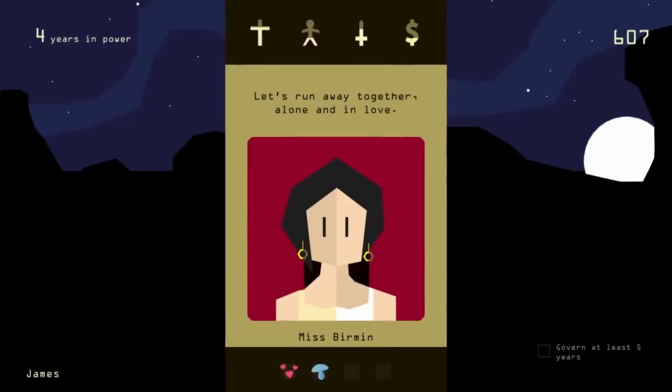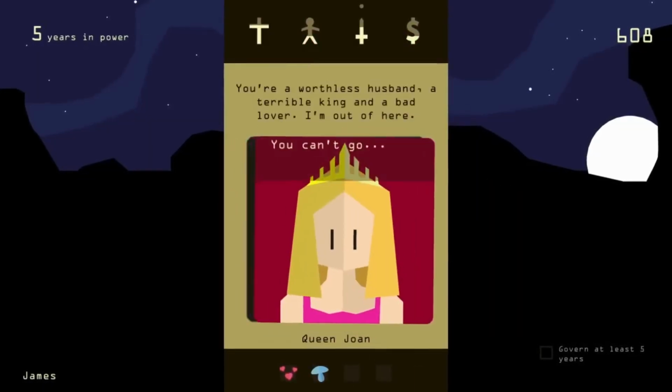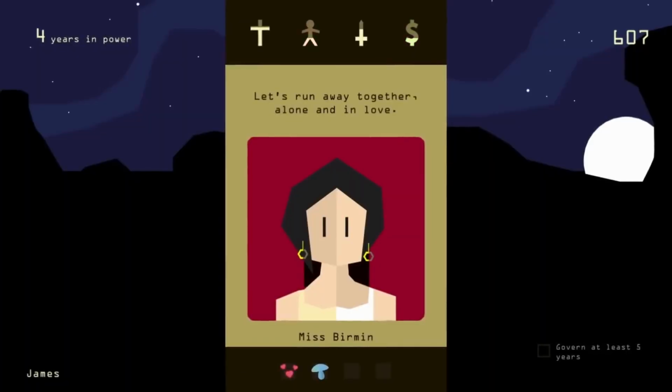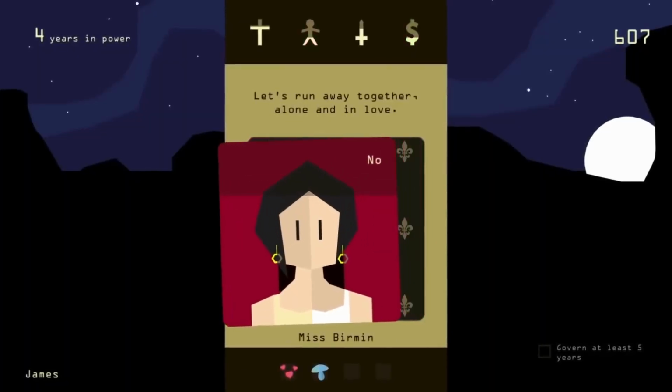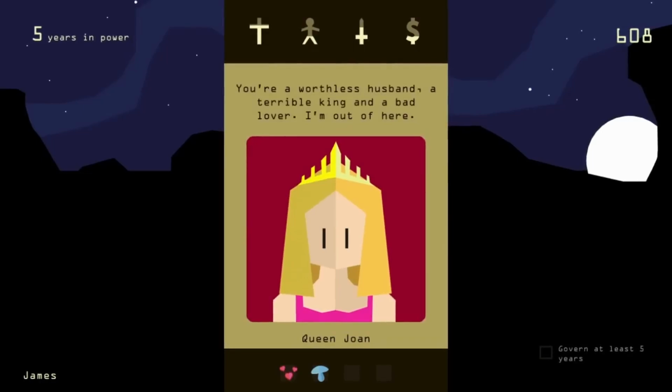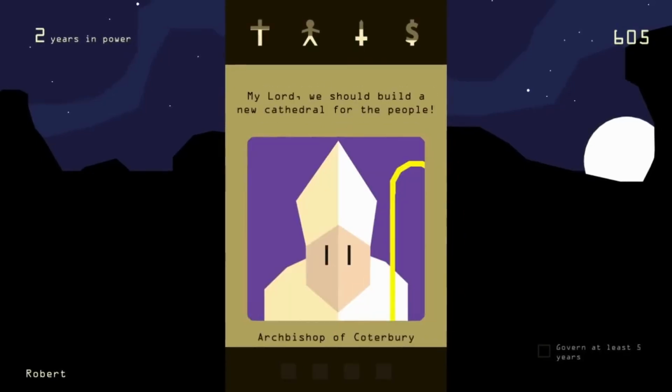You have to choose one and deal with the consequences, which you have to predict based on context. It's a similar core mechanic to the Reigns series or the board game The King's Dilemma. Just like in those games, your choices also add to a pool of other possible events to continue that storyline. Your consequences could impact the game all the way until the very end. Your choices can easily become your downfall.